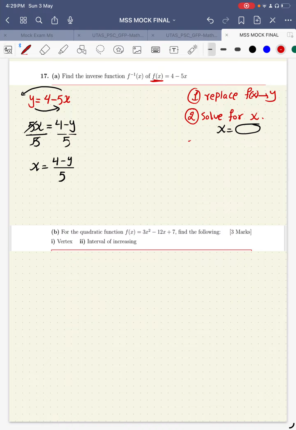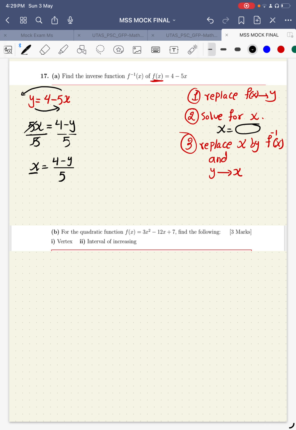So for step number 3, I'm going to replace x by f inverse of x, and at the same time, don't do it in a separate step, at the same time I'm going to let y be x.